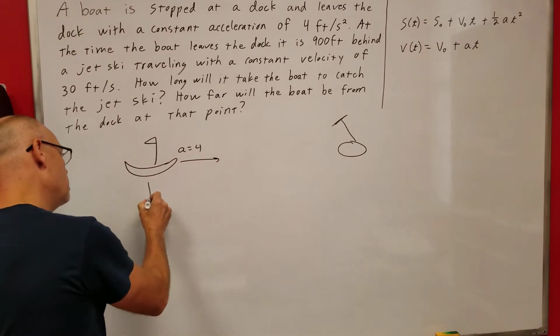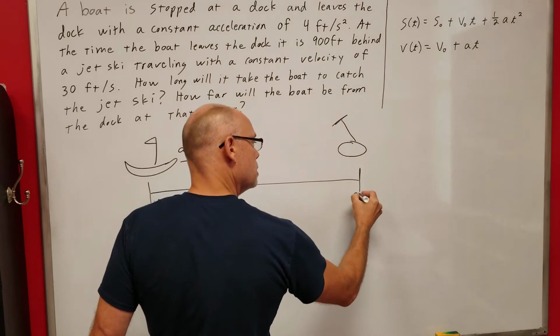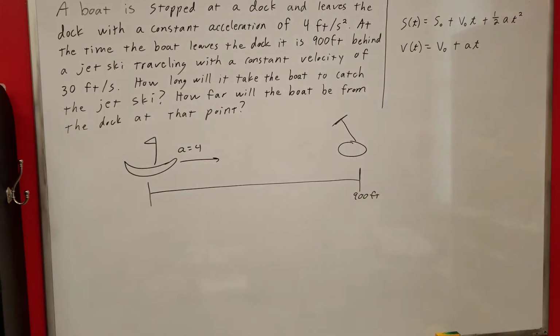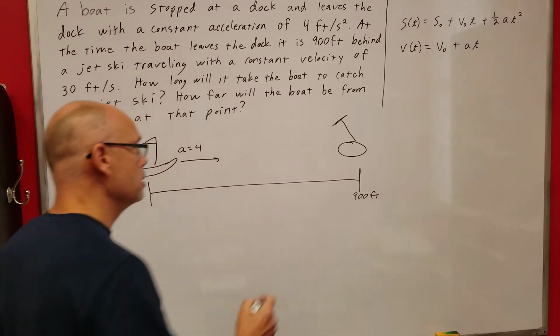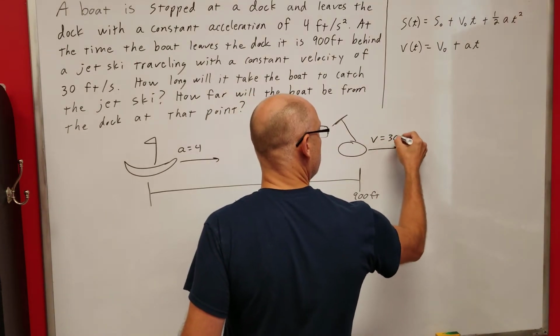So when it leaves the dock, from here to here is 900 feet, okay? All right, what else did I say? 900 feet behind a jet ski, traveling with a constant velocity of 30 feet per second. So this jet ski has a velocity of 30 feet per second.